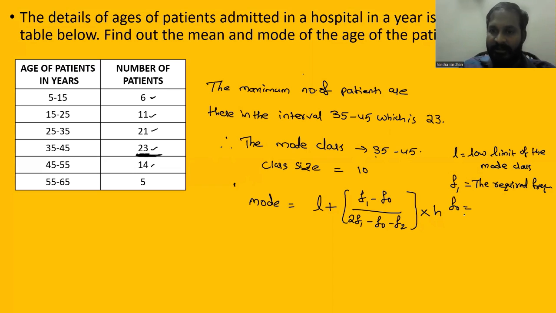Next, F0 is nothing but the frequency which is immediately preceding my required frequency.